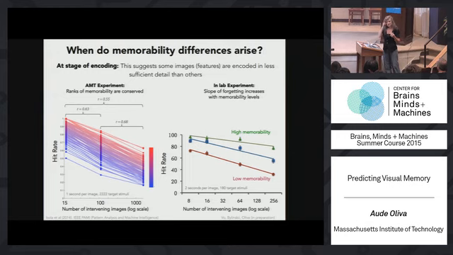The magnitude, the percentage of images remembered, decreases normally. That is known from memory research for decades, so it is expected. However, memorability here is basically the rank, which is an image for a population, independently of the magnitude, one of the most memorable given those conditions or forgettable.